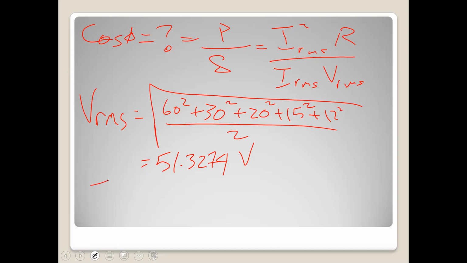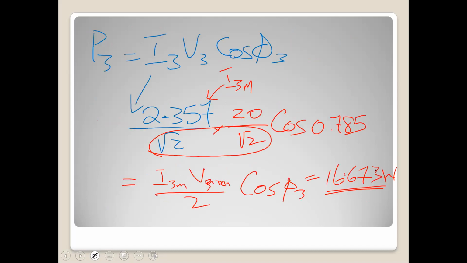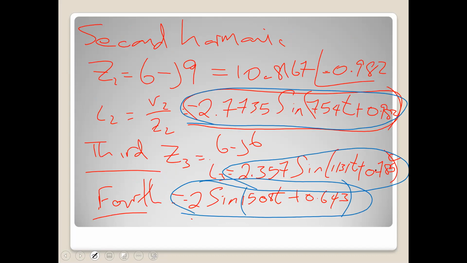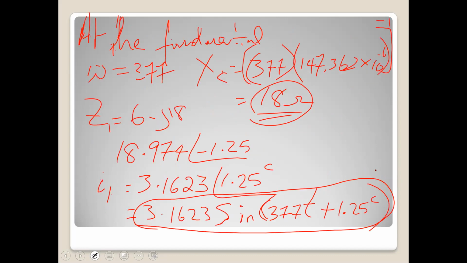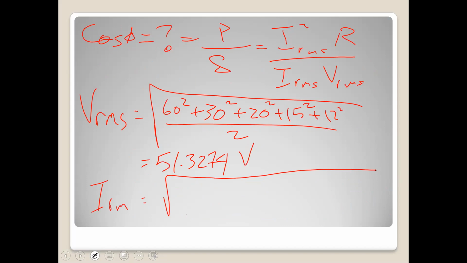All right, and then IRMS would be the square root of, well, I don't remember all of these. 3.163. You sure?